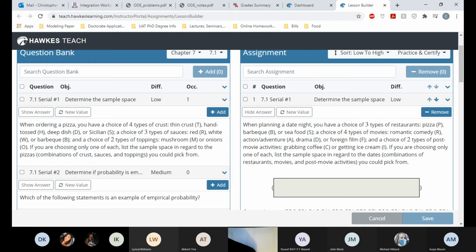So all we have to do to find out how many combinations there should be total is take the product of the number of each type. So I should expect 24 different combinations, and that's going to be helpful when I'm writing them all out.